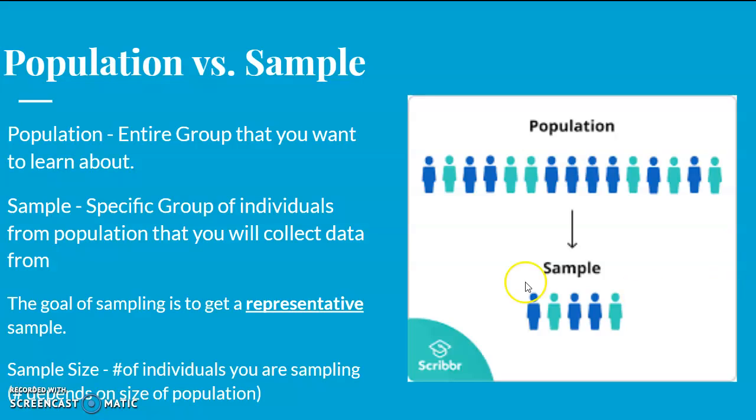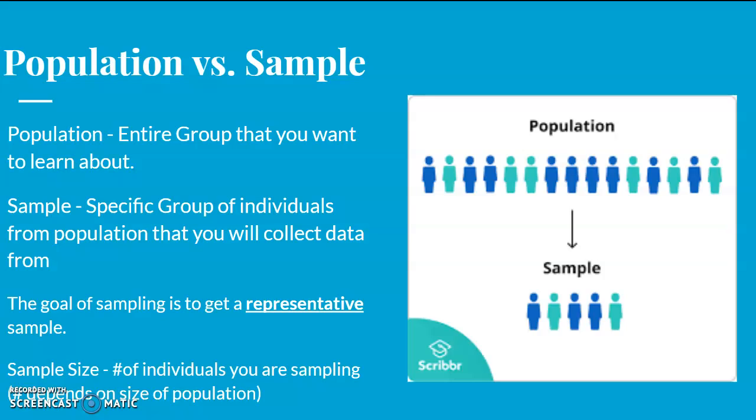So for example, if we have our population here, we've got all these people, and let's say we're wanting to look at Spencer County Middle School as our population. Are we looking at just students? Are we looking at students or teachers? If it's just students, you're looking at well over 700 people to survey, and you can't do that. So that's why we're looking for a sample.